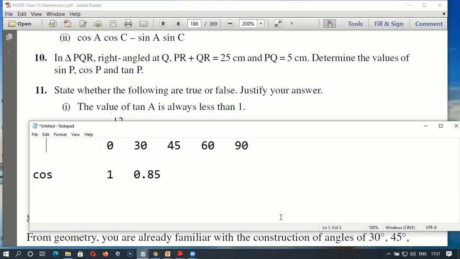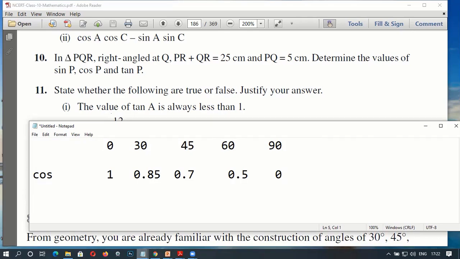Then cos 45: 4 by 4, 3 by 4, 2 by 4, 1 by root 2. What is 1 by root 2? About 0.7. Approximate writing, to give you an idea. Cos 60: 4 by 4, 3 by 4, 2 by 4, 1 by 4, half, 0.5. And cos 90 is 0.